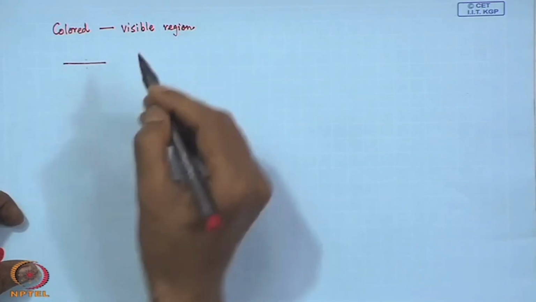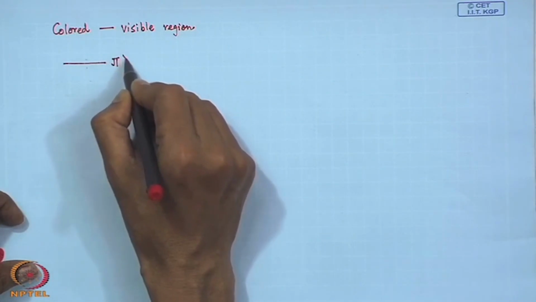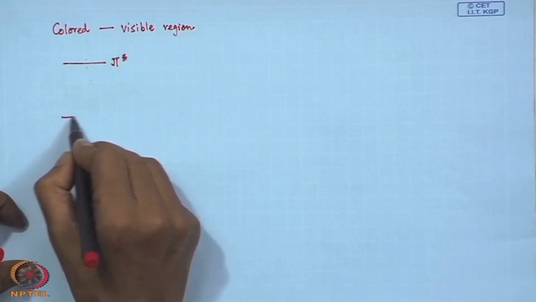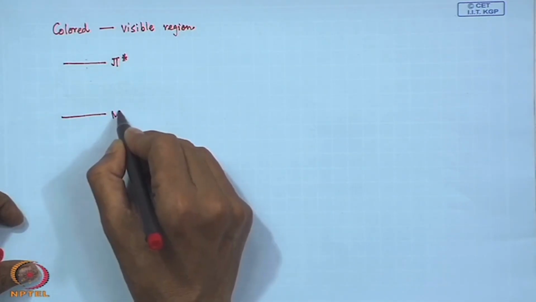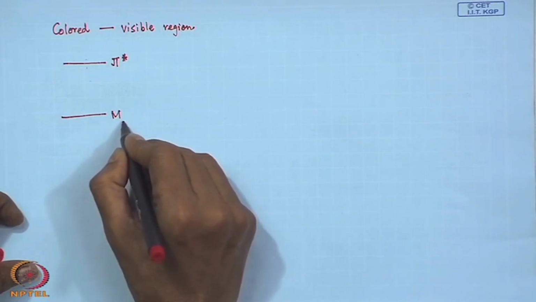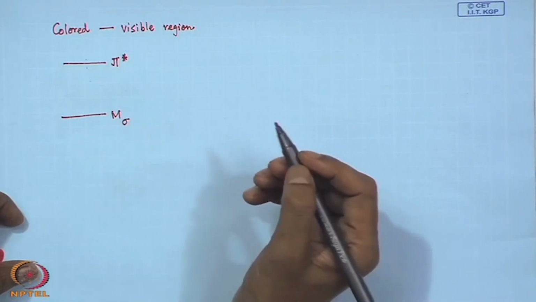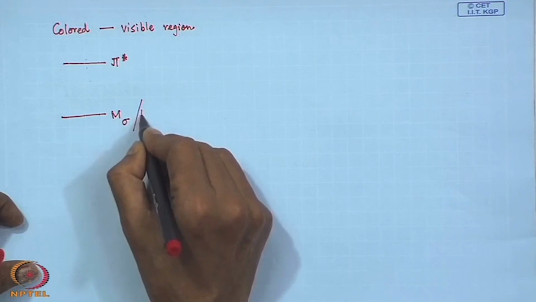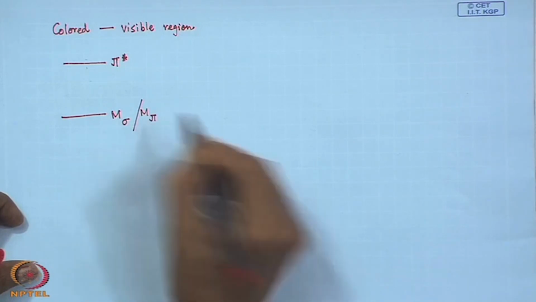So, the corresponding level is the pi star level, and this is basically the metal sigma orbitals or the metal based pi orbitals.